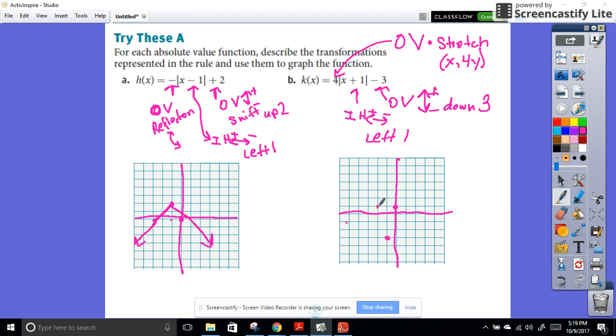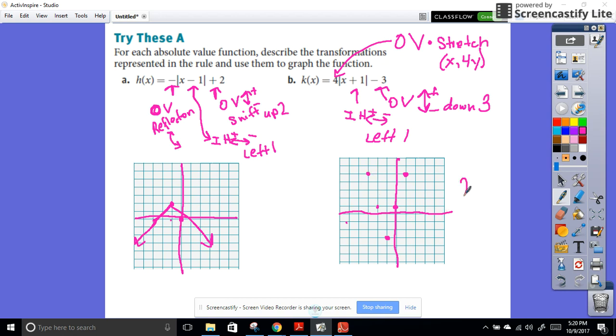Normally we would go over 2, up 2, but we've got to stretch that Y value, make it 4 times bigger. So now we go over 2, up 8. 1, 2, 3, 4, 5, 6, 7, 8.